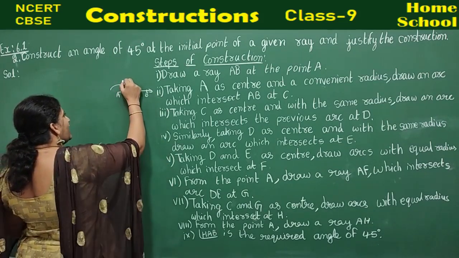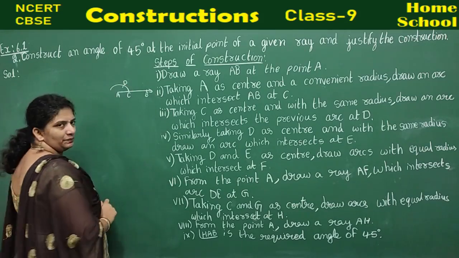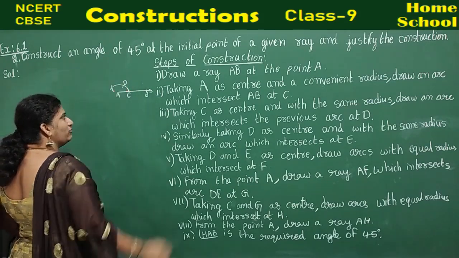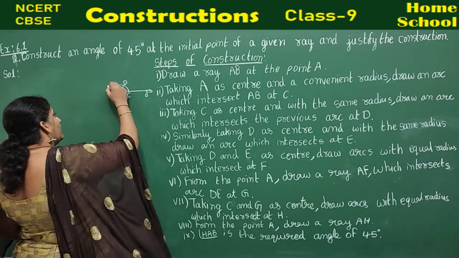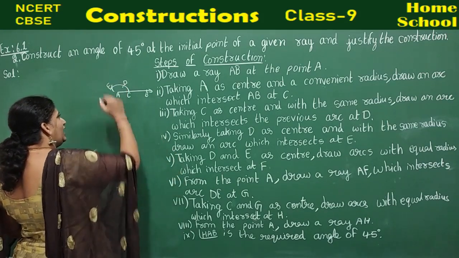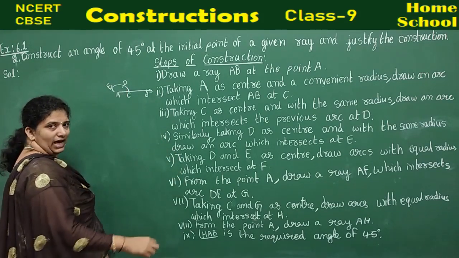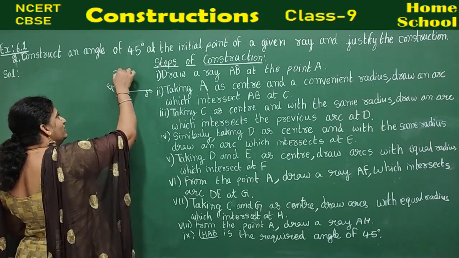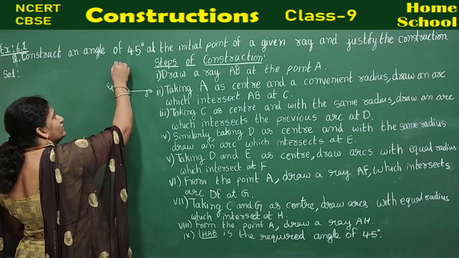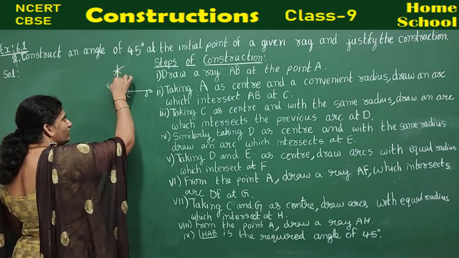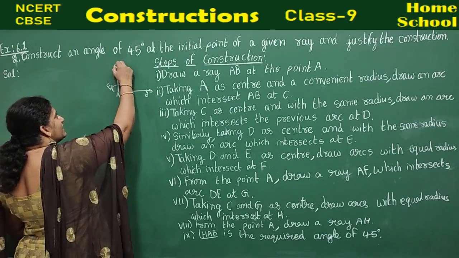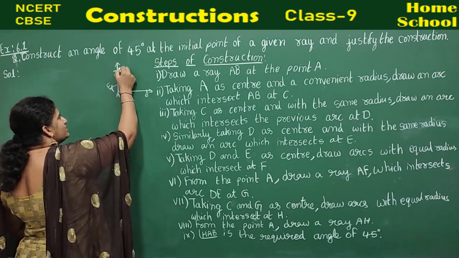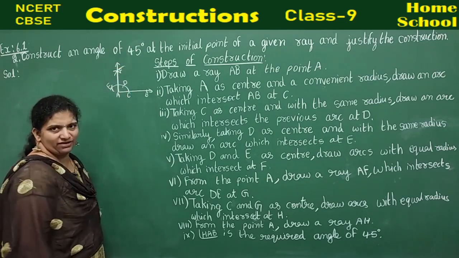Mark this point as D. Again from D as a center, draw one more arc. Mark this point as E. Now from E and D as centers, with more than half, draw arcs intersecting at a point to draw a ray. Mark this intersecting point as F.